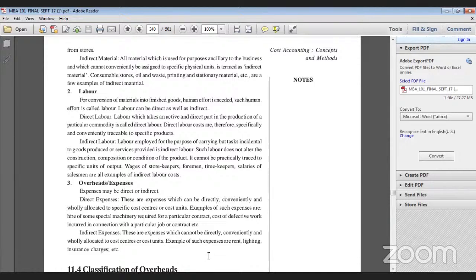Labor means two ways, direct or indirect. Direct labor takes an active, direct part in production. Indirect labor is employed for the purpose of carrying out the work, but goods are produced and services provided indirectly.